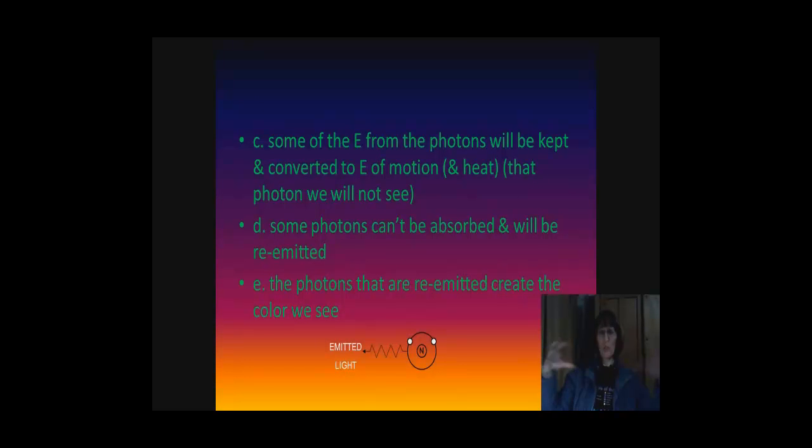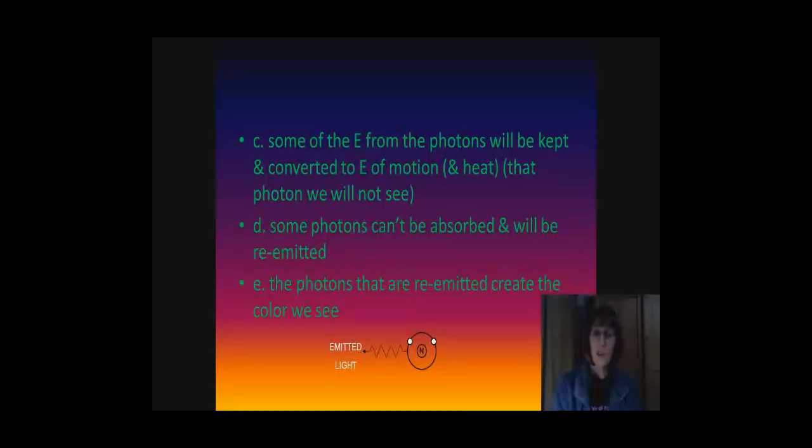So all these atoms of solids are now rubbing up against each other. And when things rub up against each other, that's friction, and you form heat. So a lot of that energy from the photons is ultimately going to be changed from the energy of the photon to the energy of motion to the energy of heat. All right? And when that photon is absorbed like that and ultimately converted to heat, then we don't see that anymore. We might feel it because it gets warmer, but we don't see it anymore.